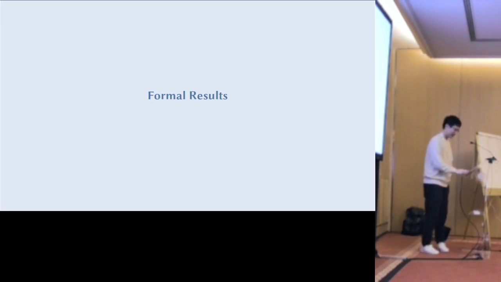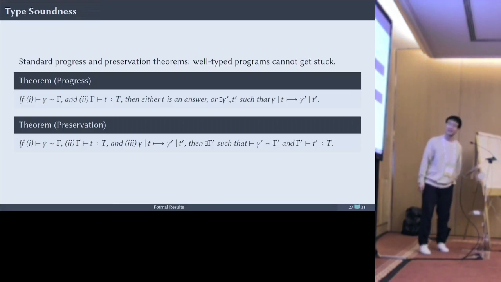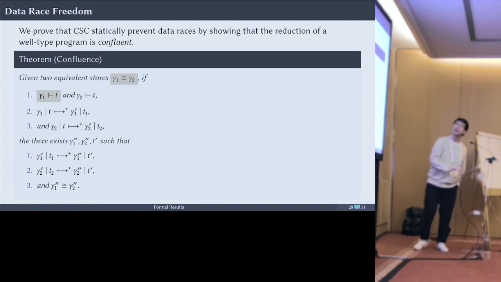Okay, so we established some formal results for our calculus. First of all is type soundness via progress and preservation, and the statement is just standard. Secondly, we formally show that our system can prevent data races by showing that the reduction of a well-typed program is confluent.